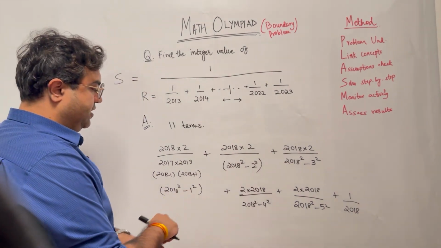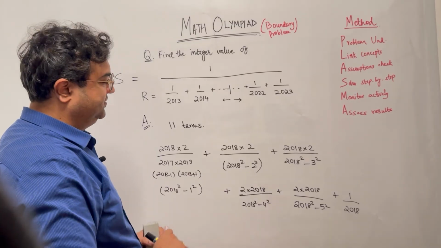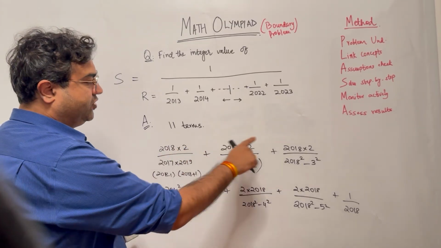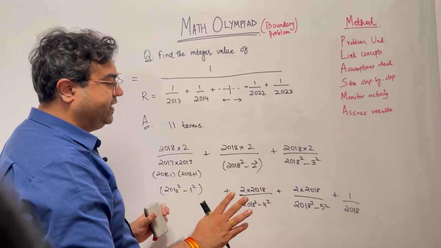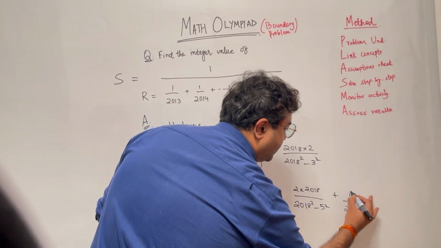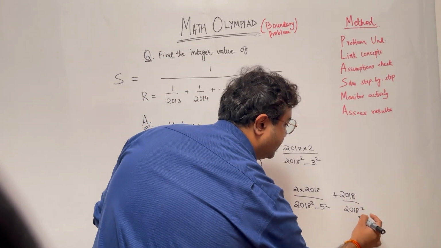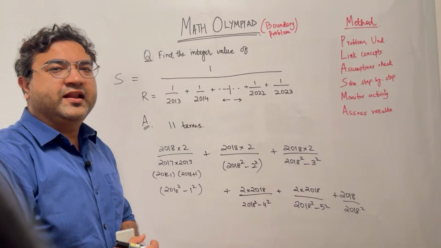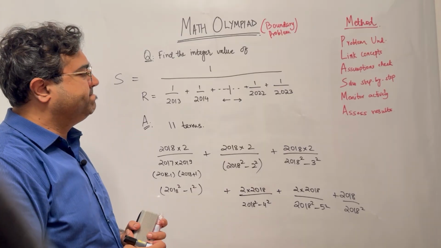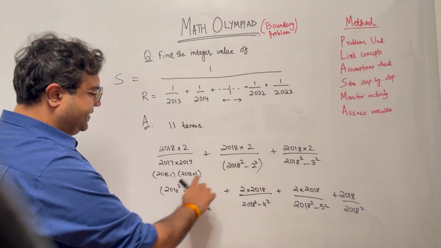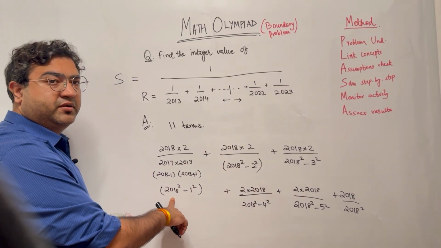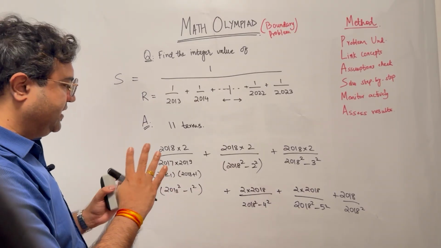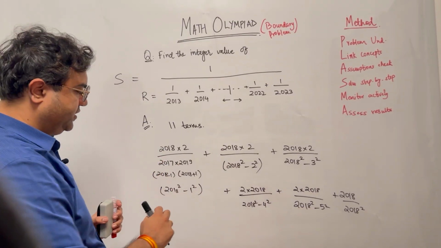So now what? Now we know that on the numerator again we have 2018. Let's change this to become 2018 square, and you will multiply and divide by 2018 on this also. Now I think 2018 square is going to be a really big number. Okay. Now we have to do some kind of an approximation here.